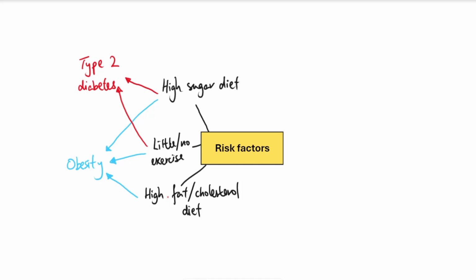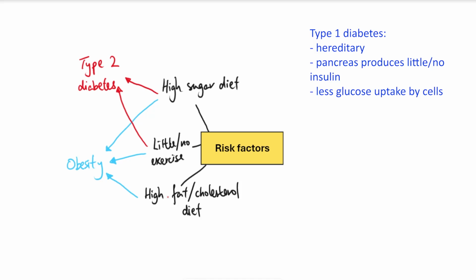But the idea of diabetes is a situation where someone cannot control their blood sugar or blood glucose level very well. There are two types.